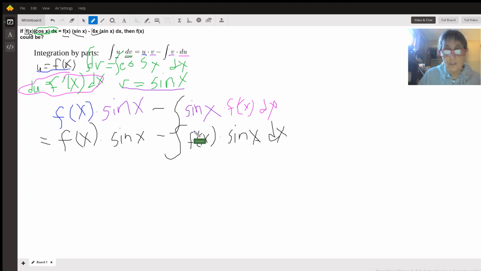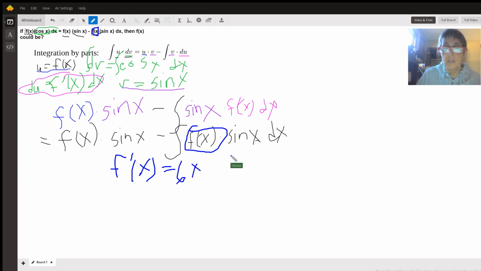So the thing that we need to solve is right here in front of us. This has to be this 6x. So if the derivative of f, if f prime is 6x, then we get that f of x is just the integral of that.